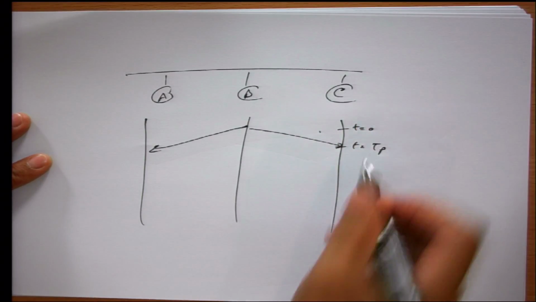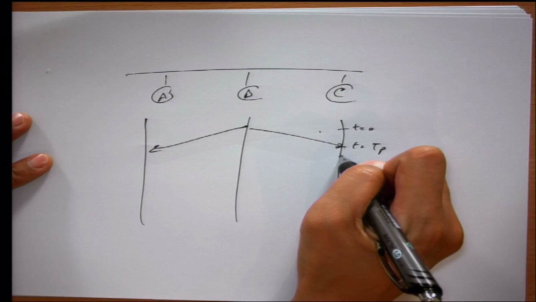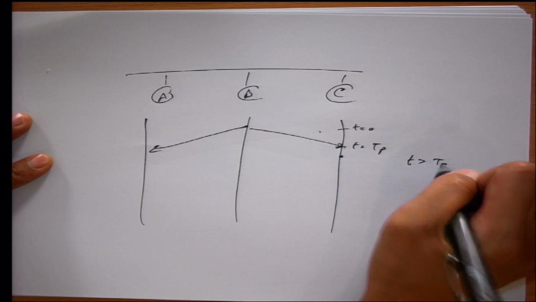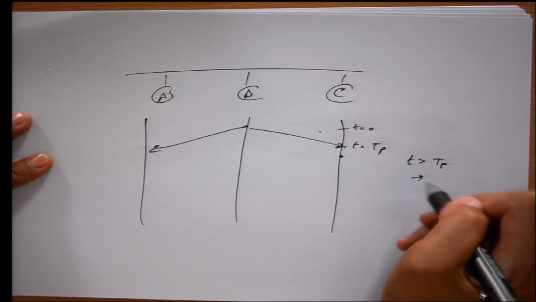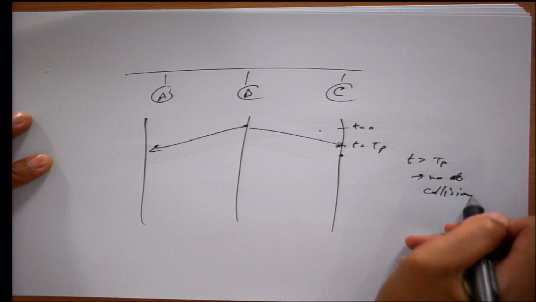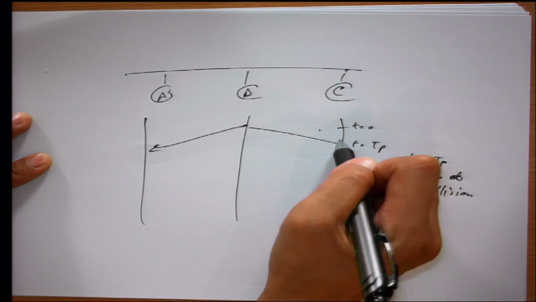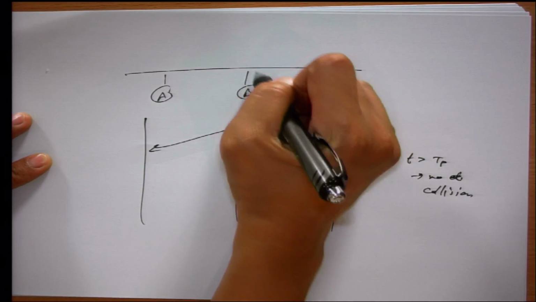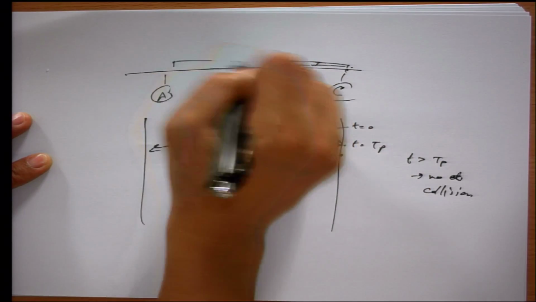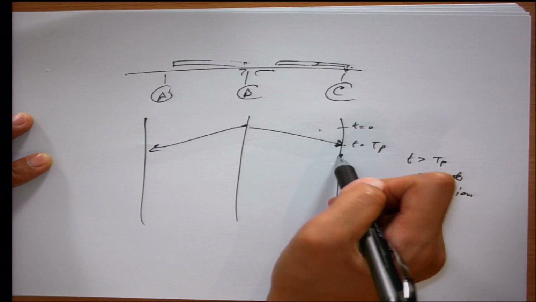If C is ready to send the data at a time t more than t sub p, there will be no collision, because C will sense the channel first, and it will see that there is some signal coming, so it will not send. So there will be no collision.